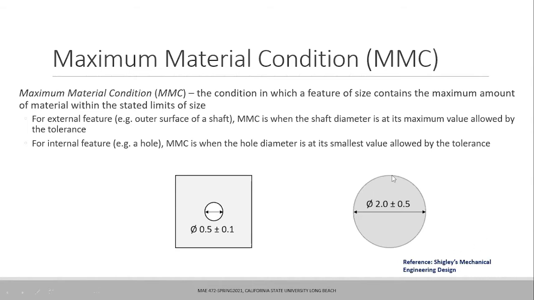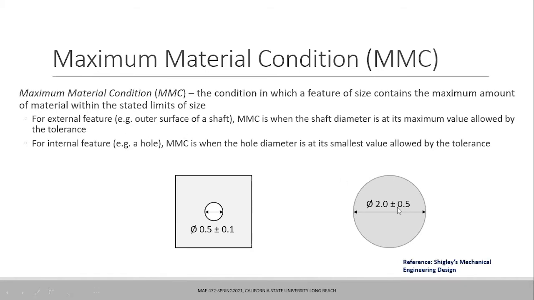So maximum material condition for this drawing corresponds to 2.5 diameter, and for the hole it corresponds to 0.4 diameter. So we are considering the specific dimension that gives the maximum material in a feature, and that is what we call maximum material condition: the condition in which a feature of size contains the maximum amount of material.